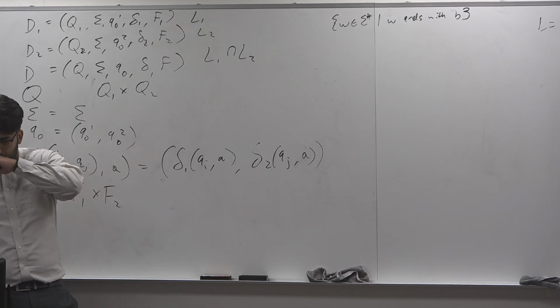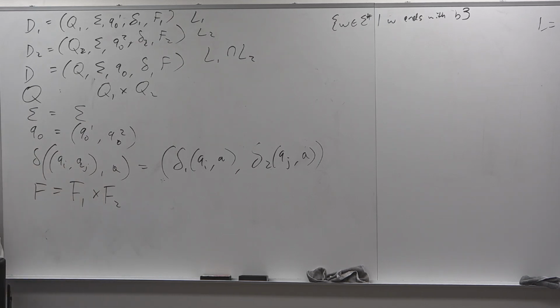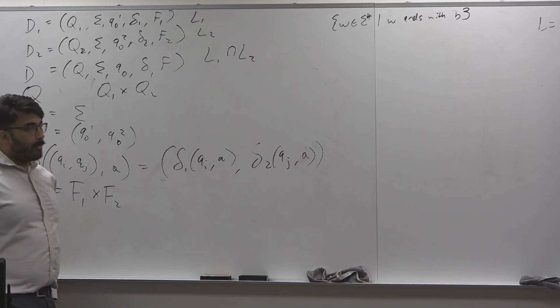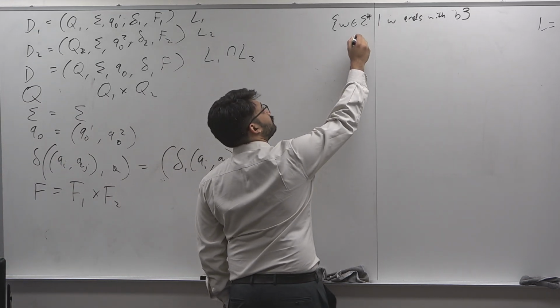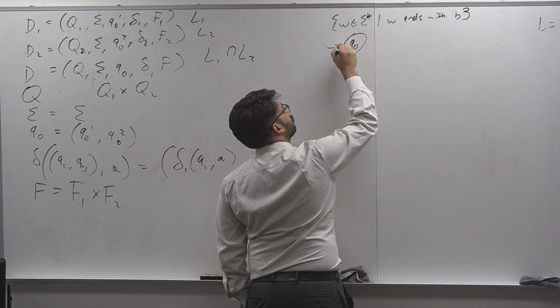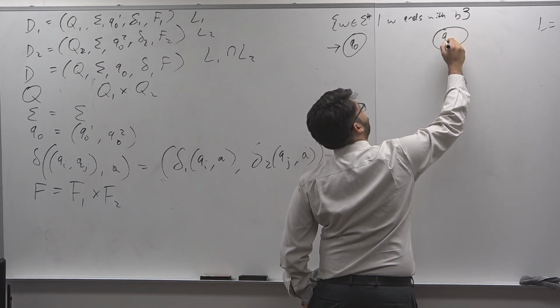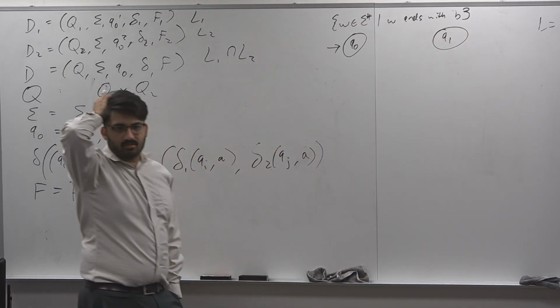How many states do I need? Okay, let's call them Q0 and Q1. What are the transitions between those two states?